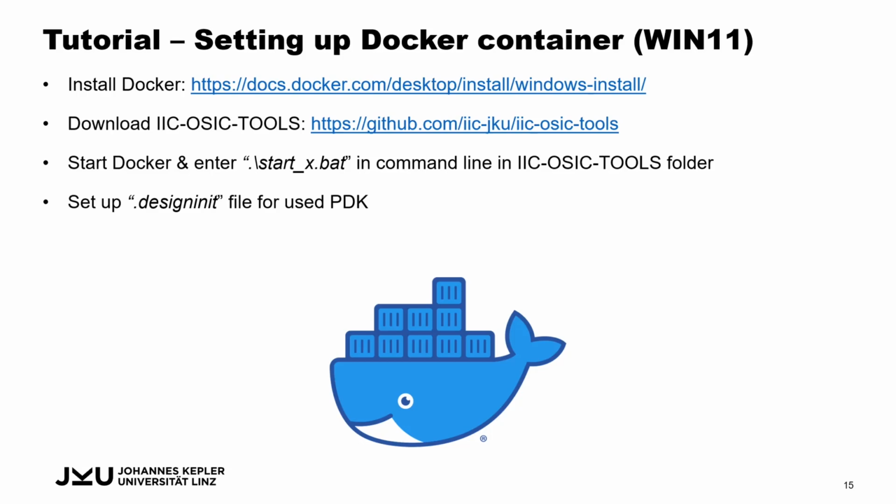And depending on which of the three PDKs you want to use, please also set up the design init file within your designs folder. I will show you afterwards in a live demonstration.